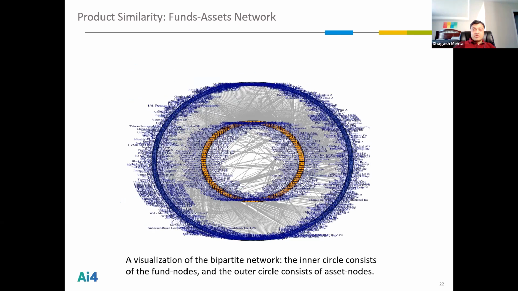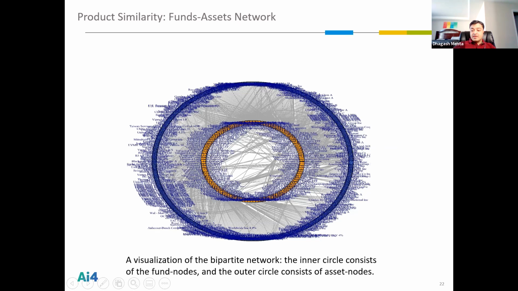Just if you are curious about the full graph that I had, this is the best I could come up with. This is the bipartite network. The inner circle is all the mutual funds that I had, and the outer circle is made of all the assets, so 16,000 or so assets, and there are many different links between them.